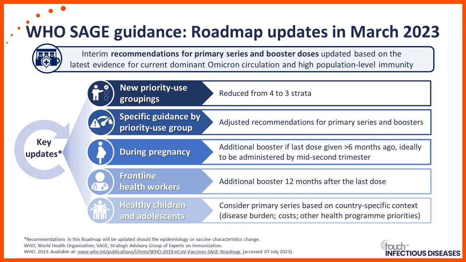And then other recommendations where you see differences between the general population and healthcare workers. Healthcare workers should have another booster every 12 months. For healthy children and adolescents, we may see some change because there are some ongoing clinical trials, but currently they are being considered for the primary series, and that differs from country to country.